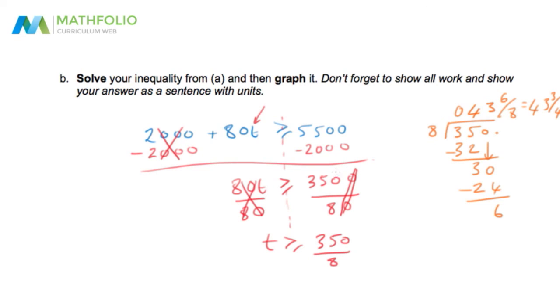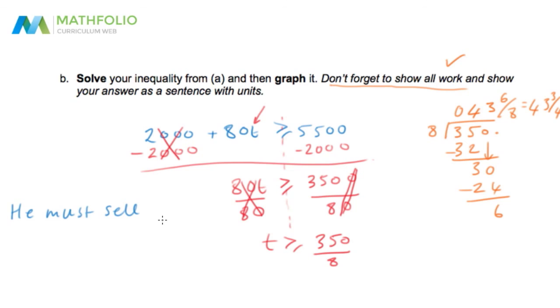Now, we're told don't forget to show your work, which I'm pretty sure we did, but then it says show your answer as a sentence with units. So we really need to get into the habit of writing a nice sentence here. Now, we were asked how many tractors does he need to sell, so we can write he must sell. Now, 43 and 3/4, he can't sell 3/4 of a tractor.